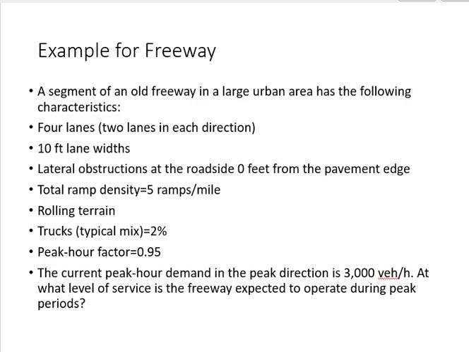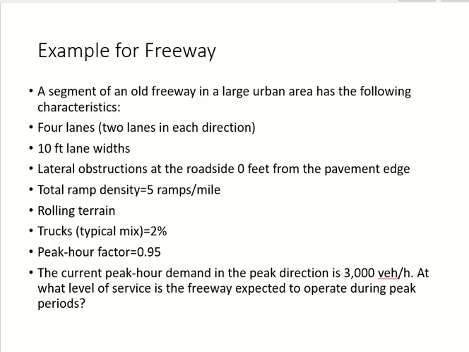Then we find VP. Then I have to calculate density for level of service. Density requires flow and speed. Flow I already have. I'll use this value as it is. But speed can be free flow or it can be something else. How do I check? I'll check with the breakpoint.